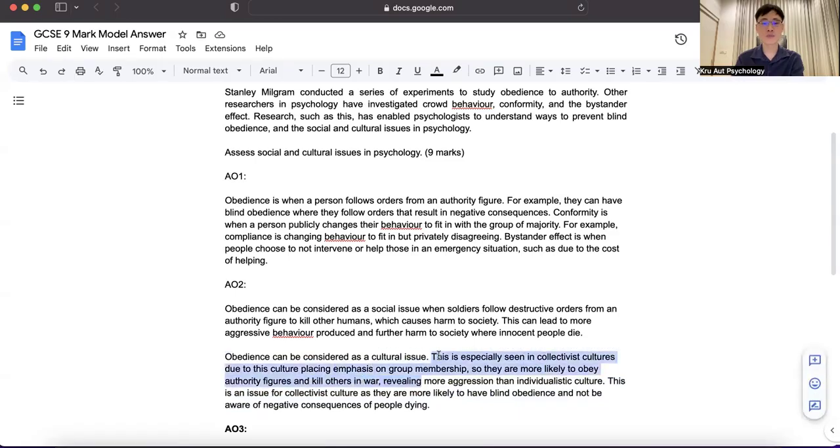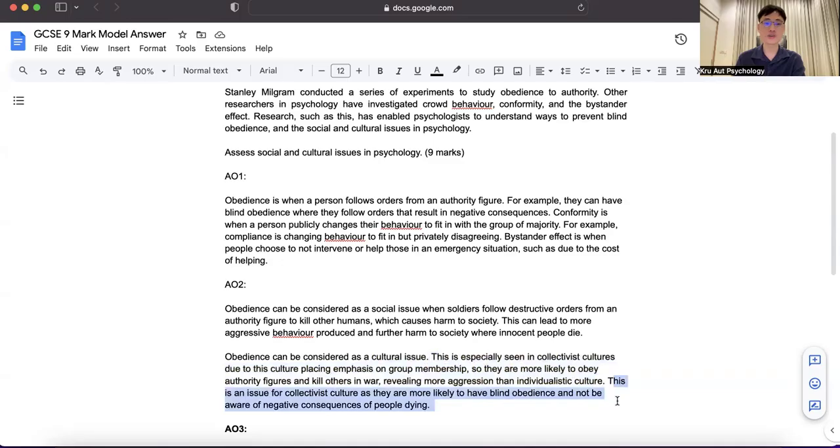This is somewhat already good, but we need to compare it to individualistic culture as well, because there are these two cultures in psychology, to address the question, revealing more aggression than individualistic culture. So we're comparing and contrasting here. This is an issue. This is where we get the mark, but we need to write all of this first, because the structure is to have the point and then explain how it's an issue.